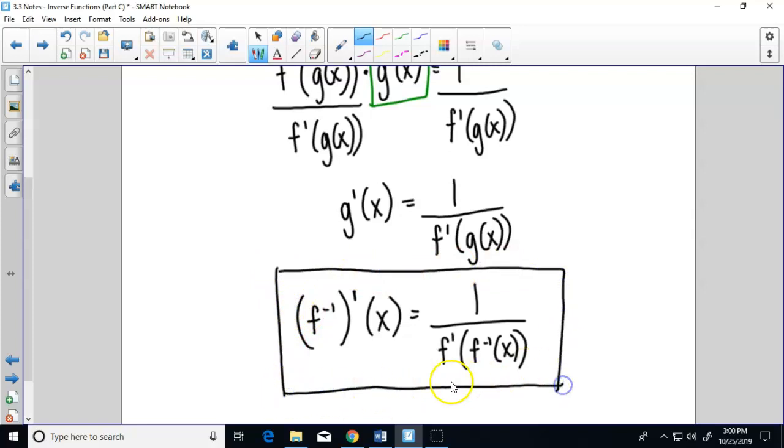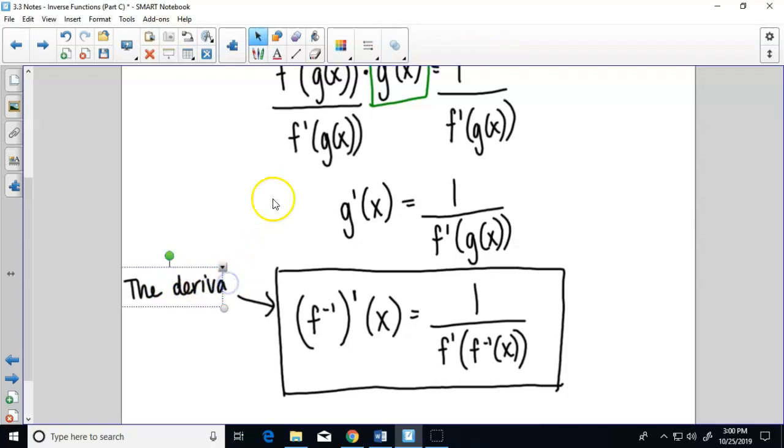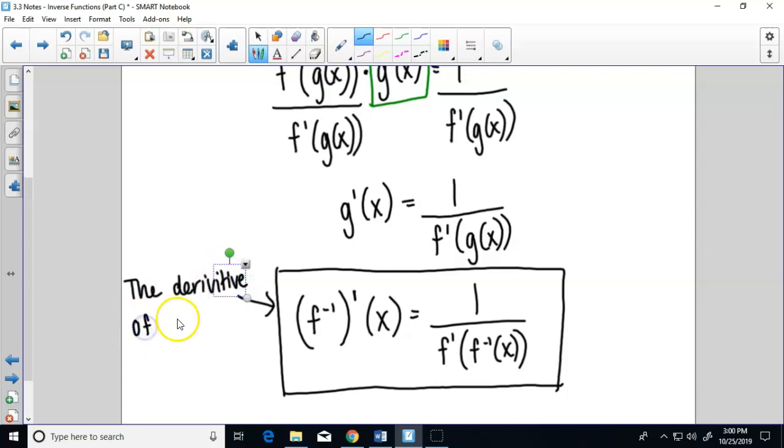This is the rule that you can use to find the derivative of the inverse. So we have 1 over f prime of f inverse of x. That's the rule.